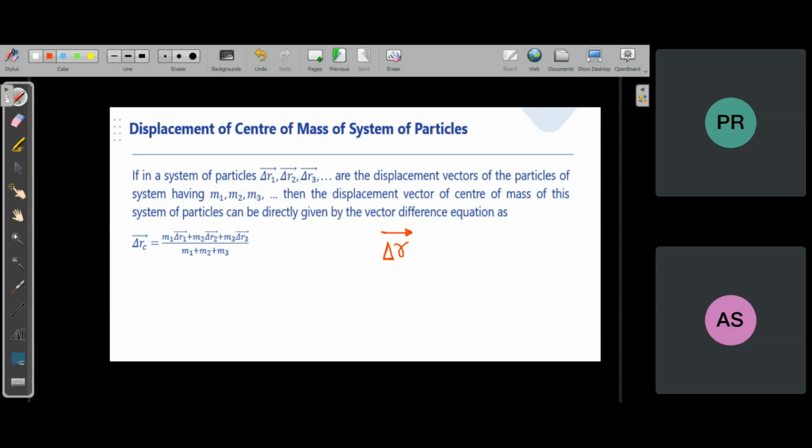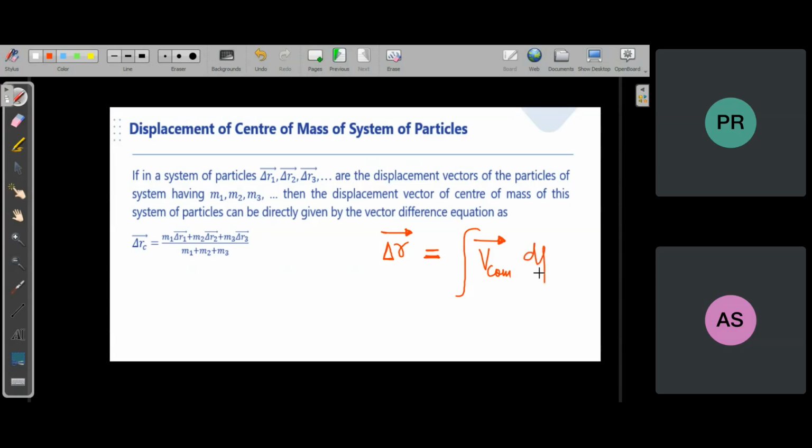Displacement is nothing but the change in position vector, which is the integration of vcom into dt. Maybe vcom is constant or maybe variable.